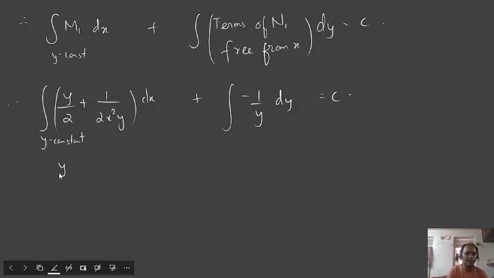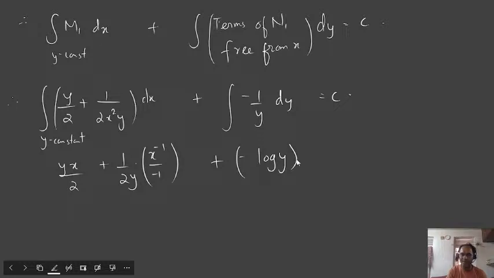So here when you integrate it is yx by 2, and now 1 by 2 integration of x square you have to do. And that y is constant, right? So 1 upon 2y is outside, so x raised to minus 1 over minus 1 you will get, and here you will land up with a minus of log y as the answer equals c. Then you just have to do some manipulations here.